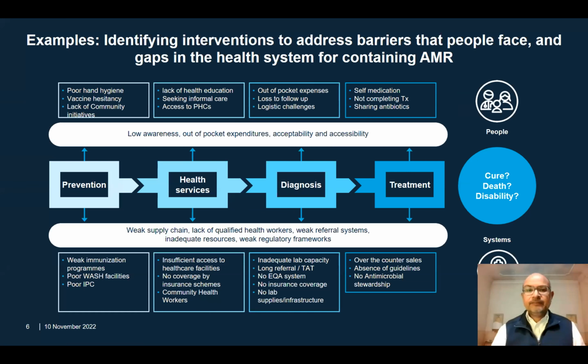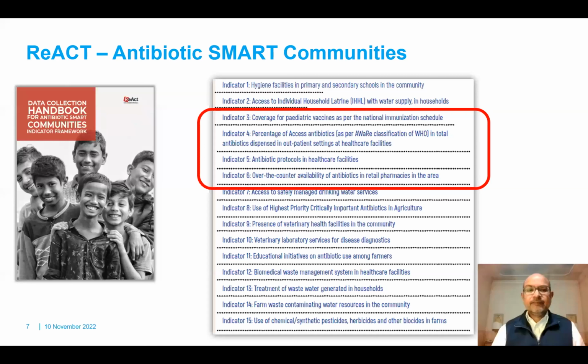I was very pleased to see ReAct's data collection handbook, and I think we contributed in terms of providing some guidance to some of the indicators, but I'm very pleased to see the final document about Antibiotic Smart Communities.